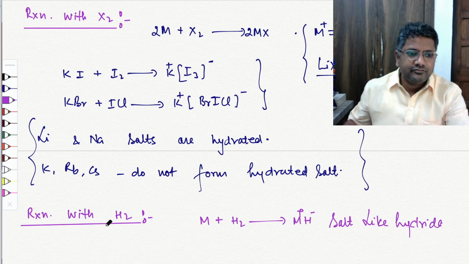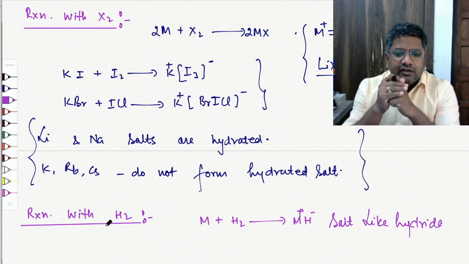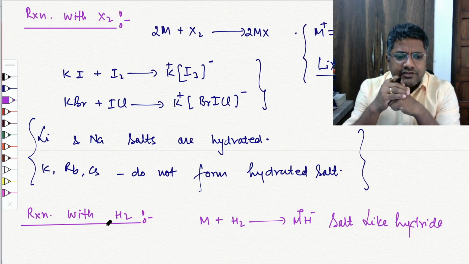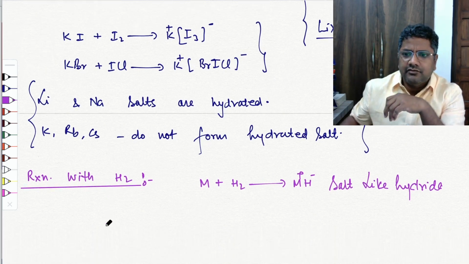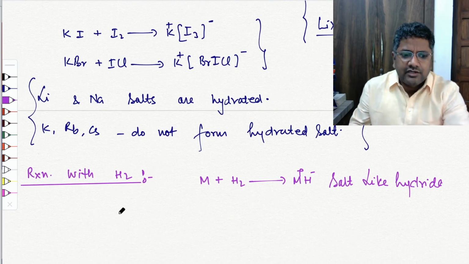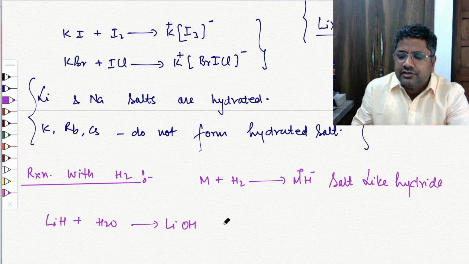So it means all have this H minus, and they react with water and form what? Hydrogen gas. Suppose you take LiH, so on reaction with water, this will produce LiOH plus hydrogen.